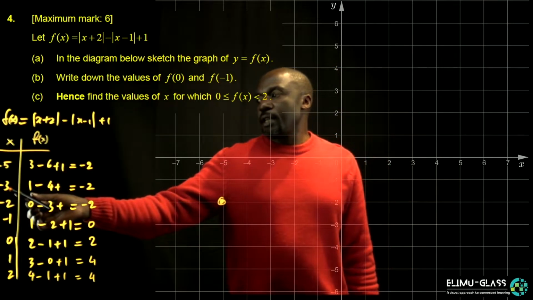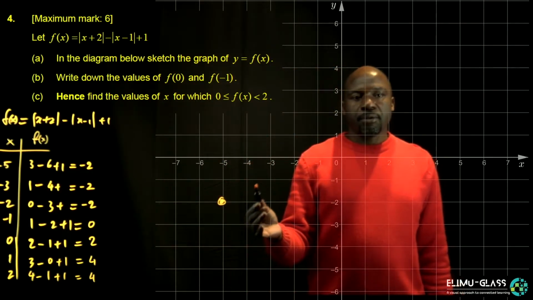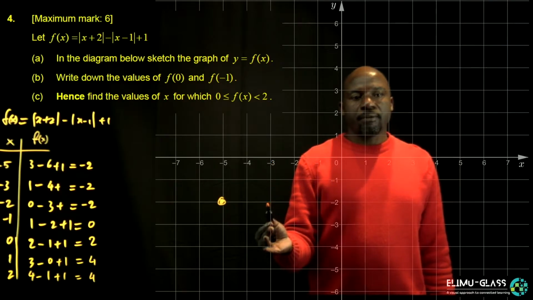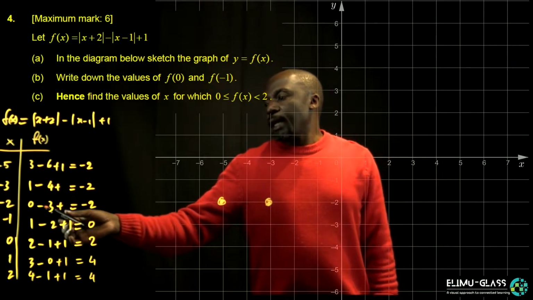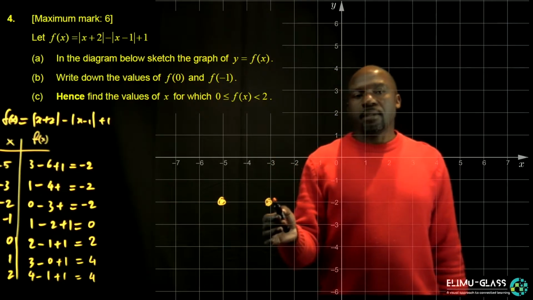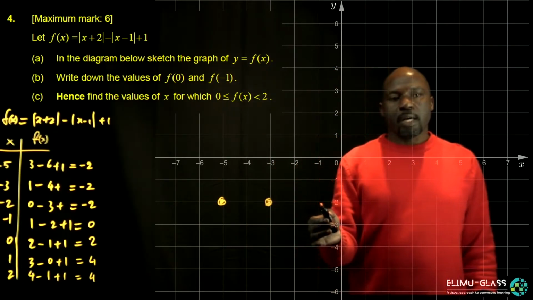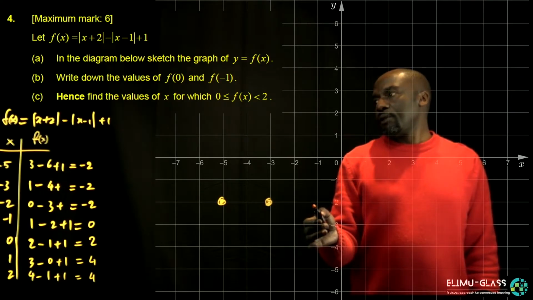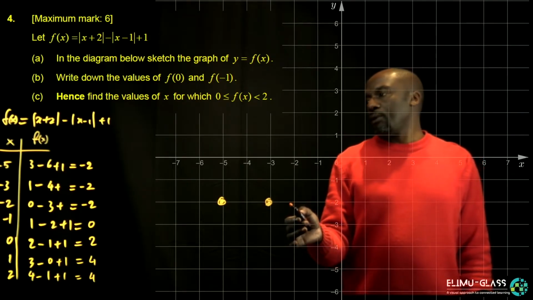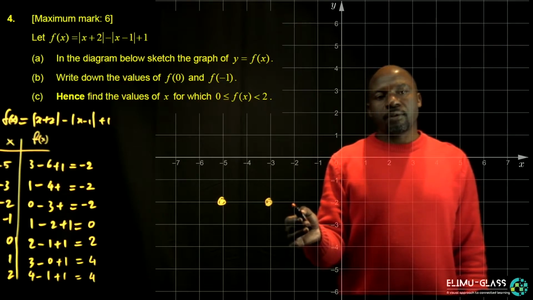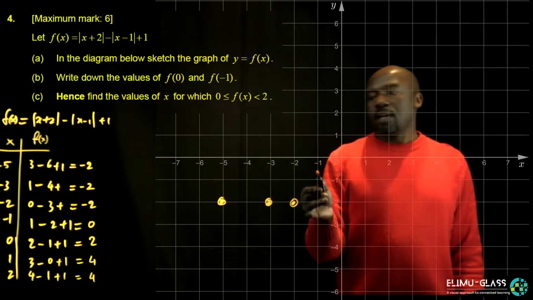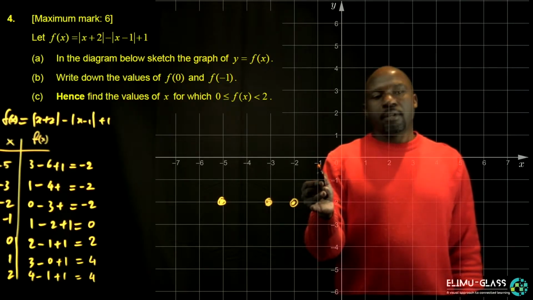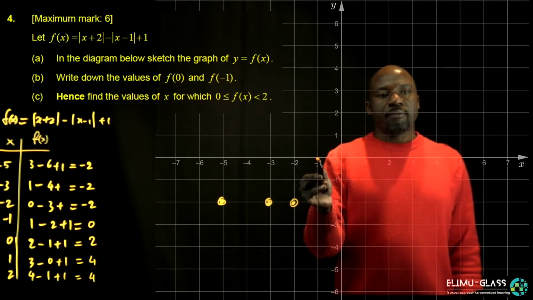When x is -2, y is also -2, so that gives me this point. But at -1 we have 0, yes, at -1 we have 0 there.